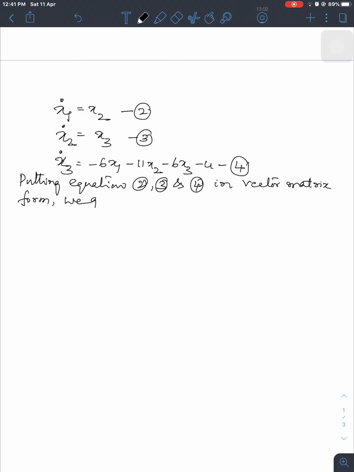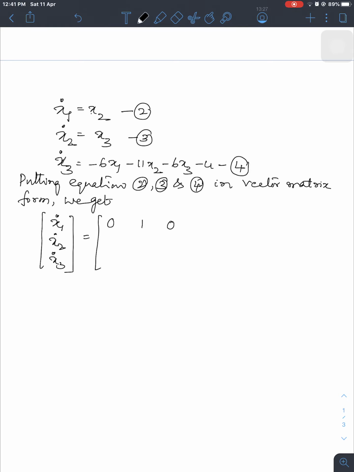We get x1 dot, x2 dot, x3 dot equal to the following. x1 dot equal to x2 means there is no x1 term, it is 0, there is 1 into x2, there is no x3.